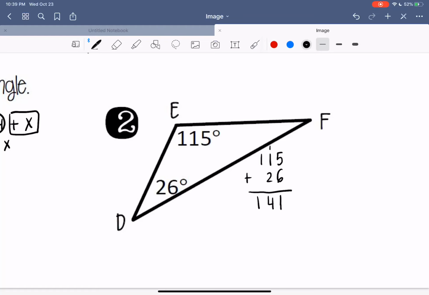And I know that this has to equal 180, so I know that I could subtract 141 from this, and so it becomes 7, 10 minus 1 is 9, 7 minus 4 is 3, and we'll be left with 39 degrees. So there's two ways that you could look at this, depending on what information they give you.